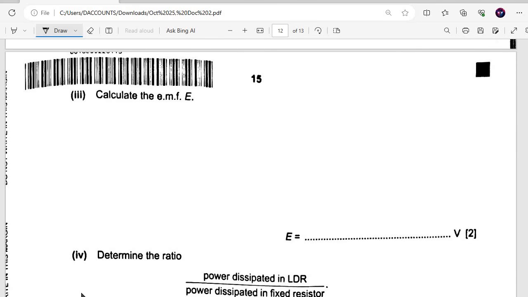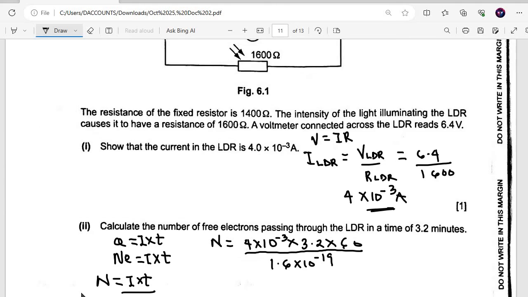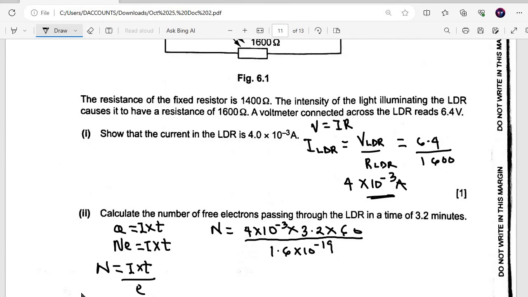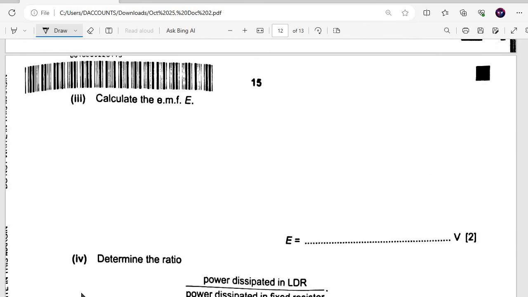Calculate the EMF in this circuit. The EMF should be the voltage in the fixed resistor plus the voltage in the LDR. The voltage in the fixed resistor is current multiplied by the resistor. The voltage in the LDR is 6.4.